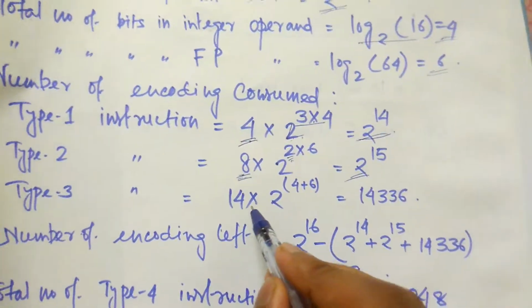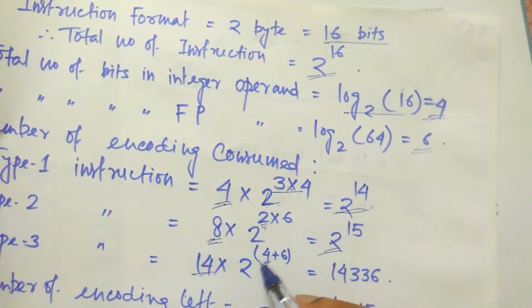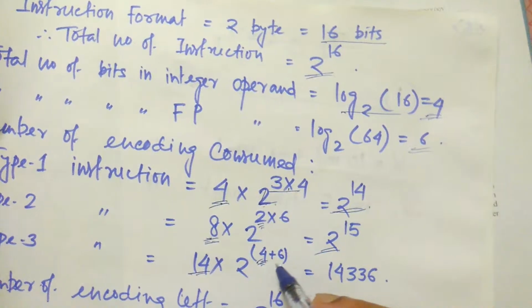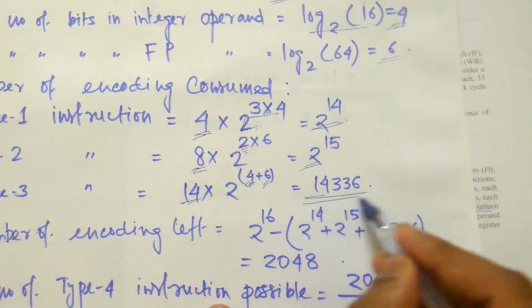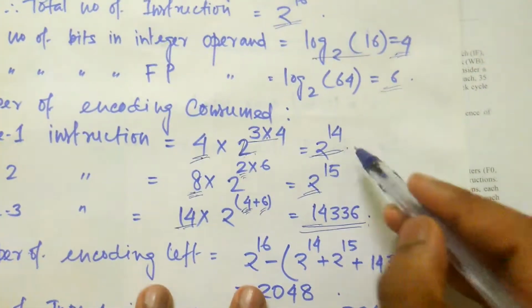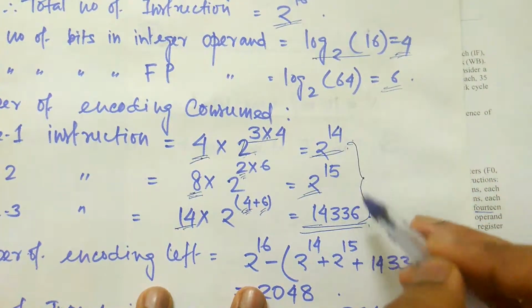So for this it is 14, with 1 integer operand that is 4 bits and 1 floating point operand that is 6 bits. If we calculate it, we will get this value. So the total number of encodings consumed is this amount.